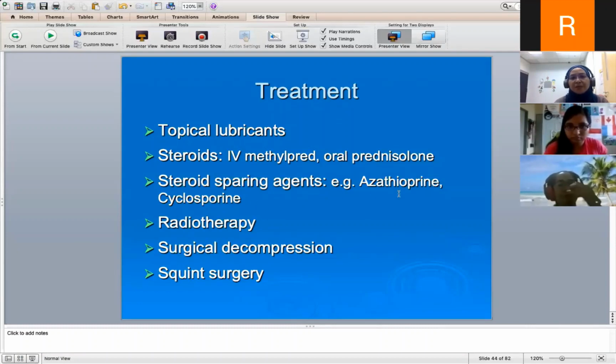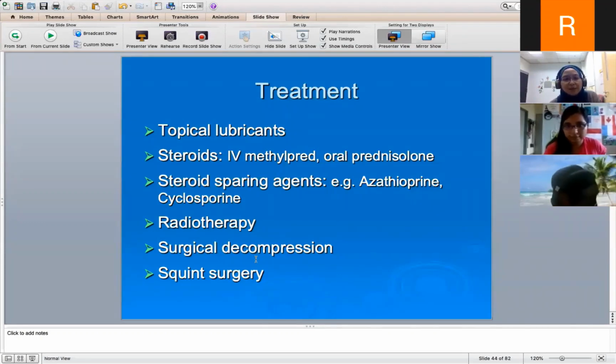You might have to give them a second line agent, azathioprine or cyclosporine. Sometimes, still, patients do not respond to all this medication, then you end up giving them radiotherapy to the eye. Eventually, if let's say diplopia does not resolve, you might have to go for surgical decompression.